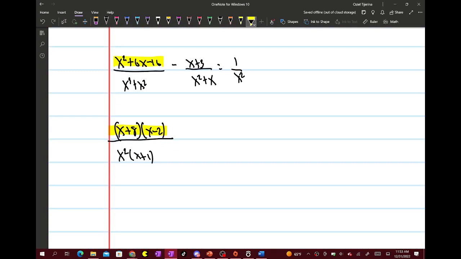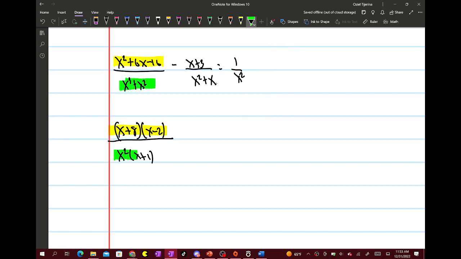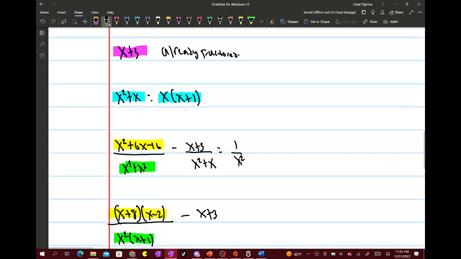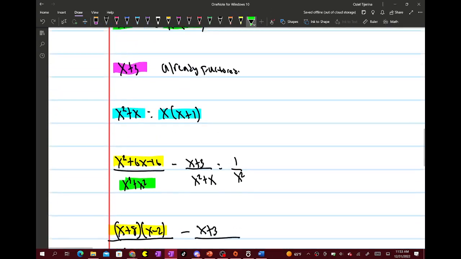Then we have minus x plus 3, which is already factored, so we don't have to factor it because it's just one linear expression. We just leave it like that.